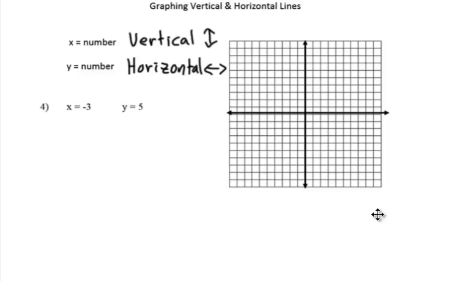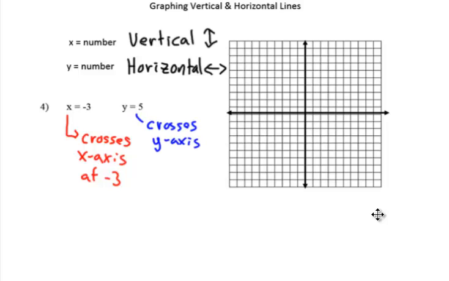And another way that you can think about it is it has to cross the x-axis. So this one here crosses the x-axis at -3. This one here, let's use a different color just to distinguish that. This one crosses the y-axis at 5.